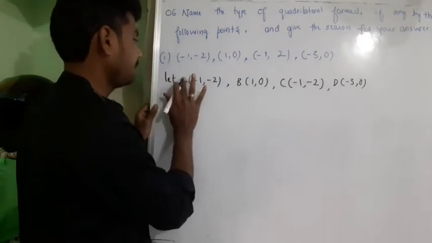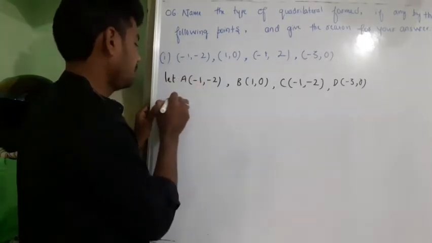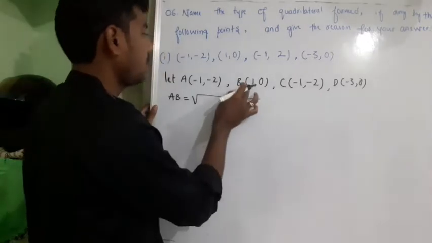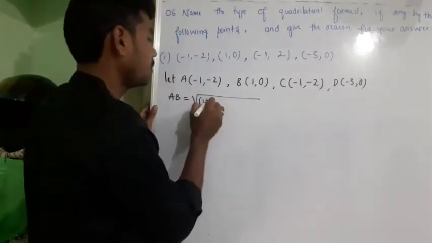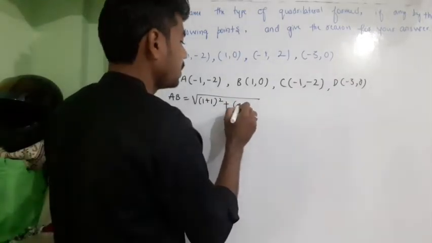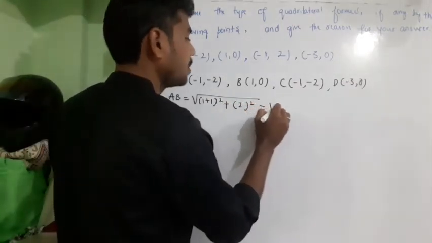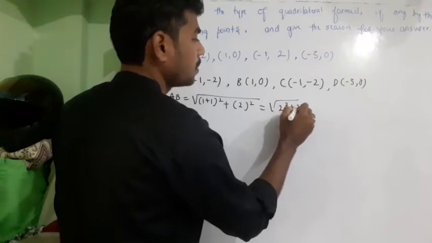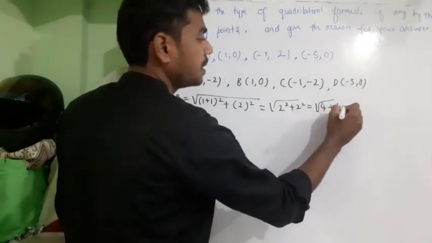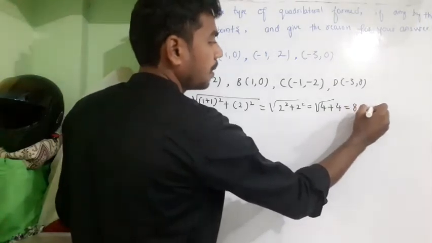First AB is equal to square root of (1 minus of minus 1, that is 1 plus 1) whole square, plus (0 minus of minus 2, that is 2) square, which is equal to 2 square plus 2 square, which is 4 plus 4, which is equal to root 8 units.